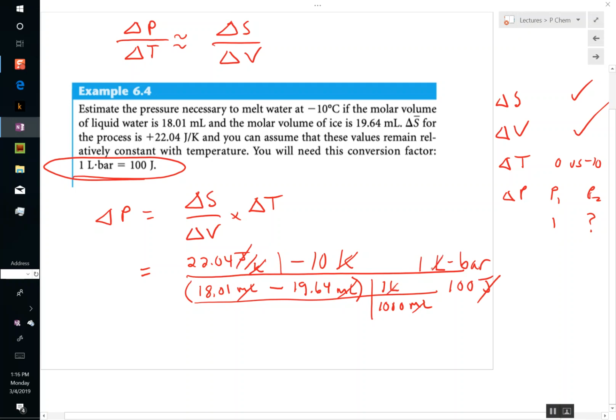Bars. And this is the Clapeyron equation.